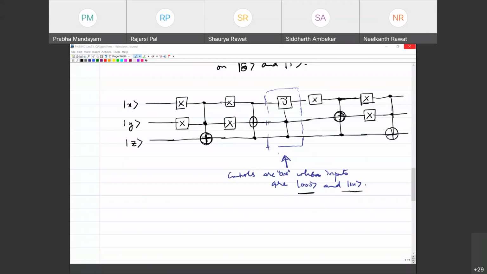Yeah. So this is basically the circuit that achieves this. So the 3-qubit unitary, which was a 2-level unitary, can be achieved like this. So you see, this entire circuit is just to implement this arbitrary 3-qubit unitary.